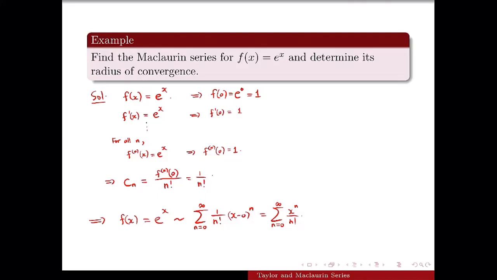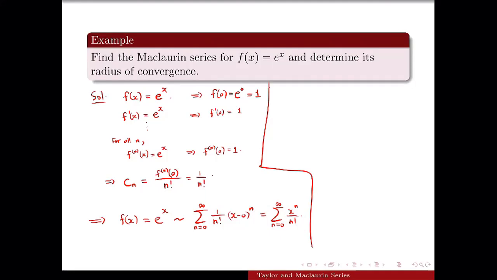So our next job is to determine the radius of convergence and also the interval of convergence. We have done this example, I think. We have shown the interval of convergence and the radius of convergence of this series here. So let us just recall.